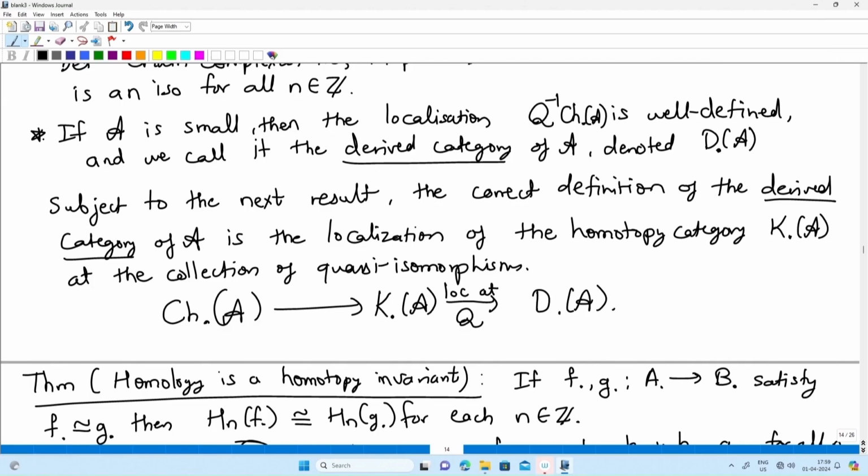I will still have quasi-isomorphisms, their equivalence classes. The equivalence class of a quasi-isomorphism will still be a quasi-isomorphism, and K dot A is a much more manageable category, and quasi-isomorphisms will form a multiplicative system there, so you can localize, formally invert them, and then what you get is the derived category.